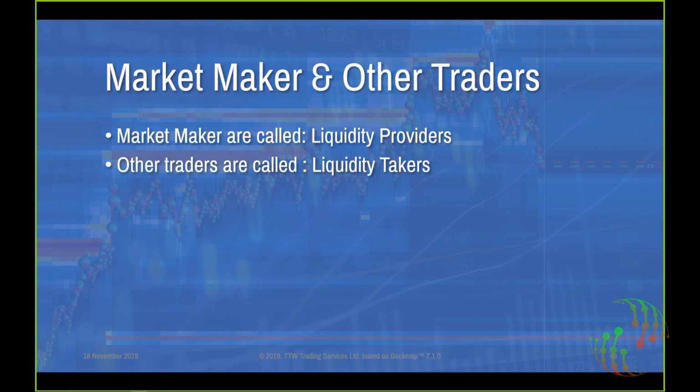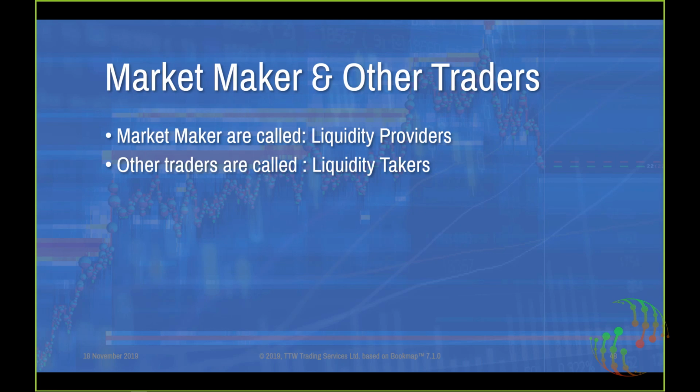Market makers are called liquidity providers. Other traders are called liquidity takers. It's simple but important to know. In a market where all trade is facilitated by designated market makers, the participants, you and I, can be partitioned into one of two categories: the market makers who offer trading opportunities to the rest of the market, and the other traders who have the opportunity to accept them.